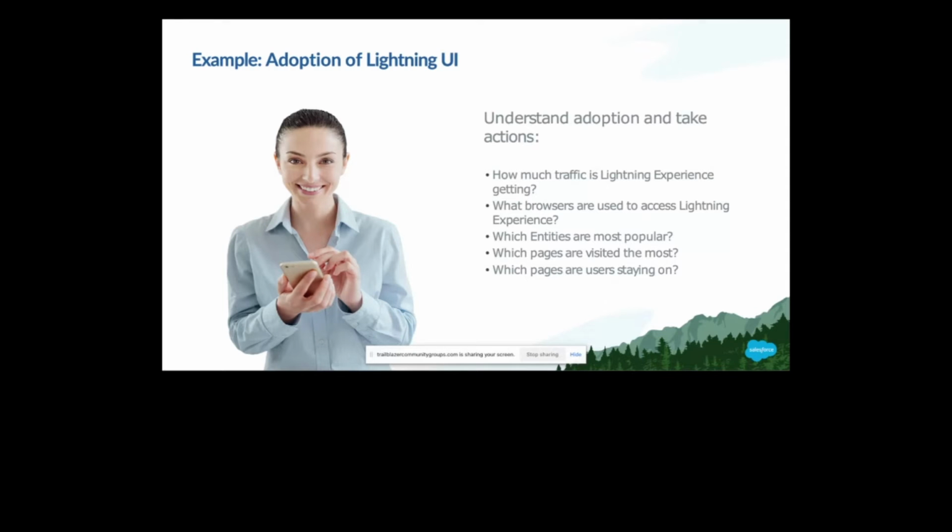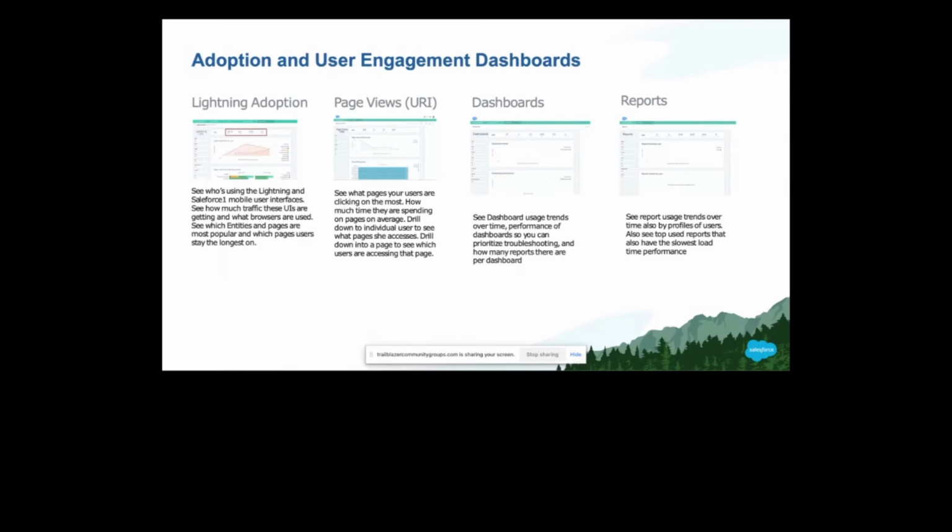But if you want the most granular details about your adoption rate, which contains traffic of Lightning Experience, how many Lightning pages have been visited, what browsers were used with Lightning, what different objects and Lightning pages they visited, which pages they visited the most, and which pages they stay on most, all this information can be covered under these event monitoring dashboards.